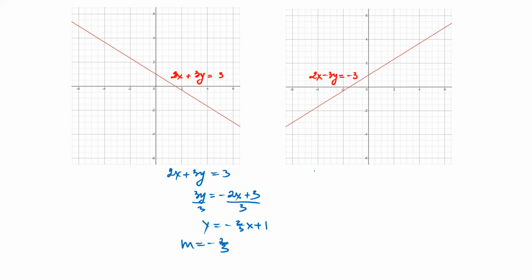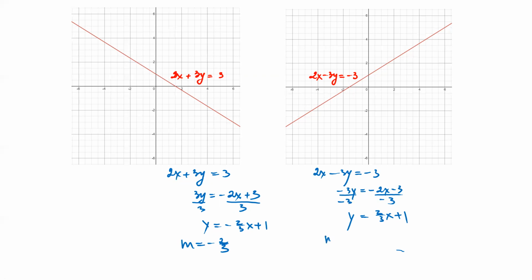And for this one, 2x minus 3y equals -3. -3y is going to be equal to -2x minus 3. And then I'm going to divide both sides by -3 to isolate my y. So this is going to be 2/3 x plus 1.